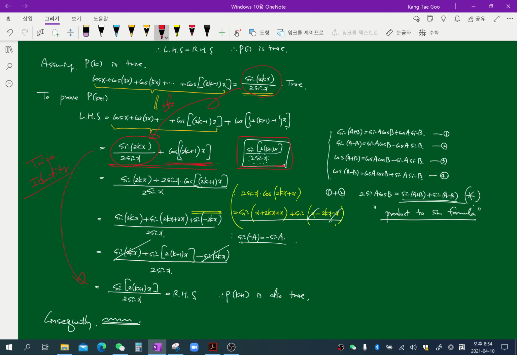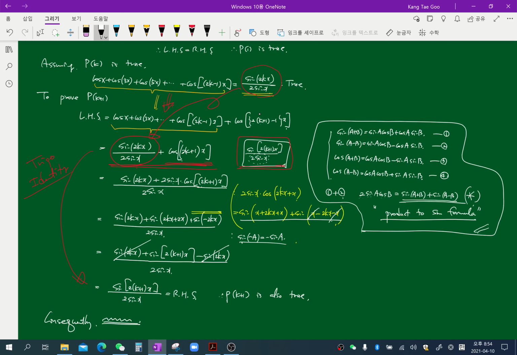So then we go for the simplify process using the trigonometry identities, right? In this case, we have used these identities. Actually, this is one of the most frequently used identities in trigonometry mathematical induction questions.